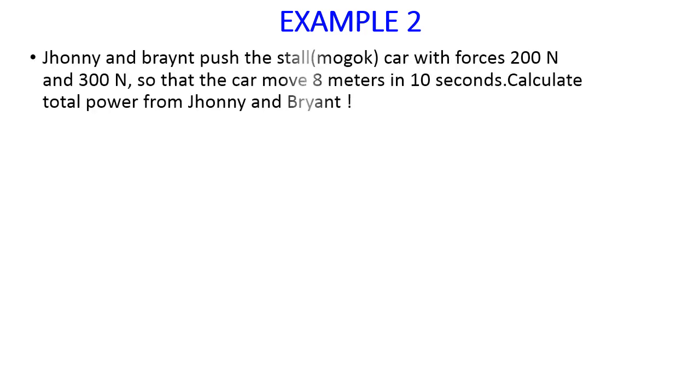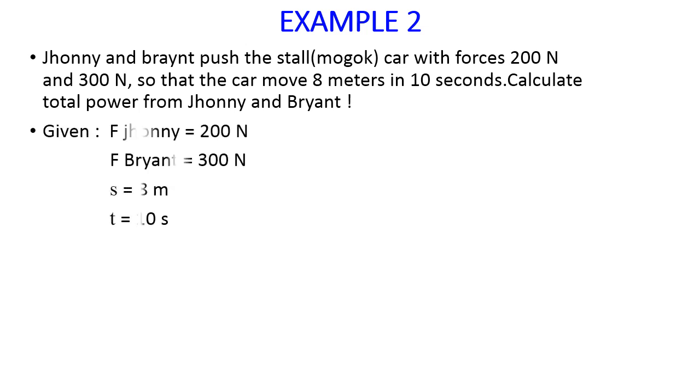Example 2. Johnny and Brian push the stalled car with forces 200 newtons and 300 newtons, so that the car moves 8 meters in 10 seconds. Calculate total power from Johnny and Brian. Given, force by Johnny equals 200 newtons, force by Brian equals 300 newtons, displacement S equals 8 meters, time t equals 10 seconds.